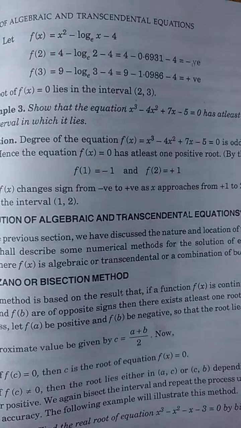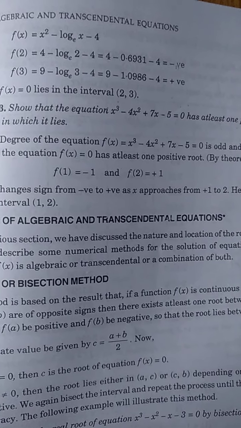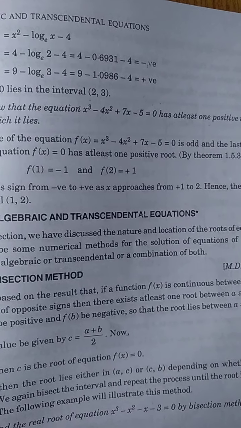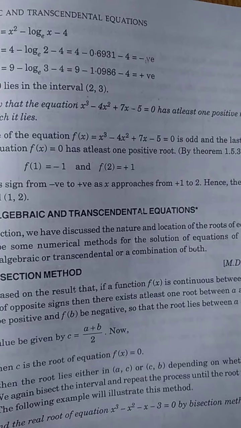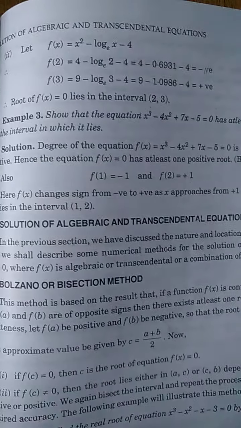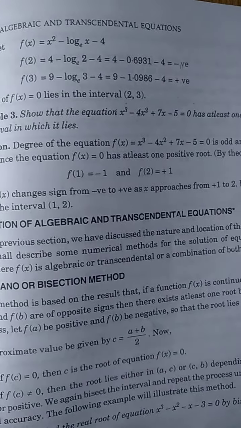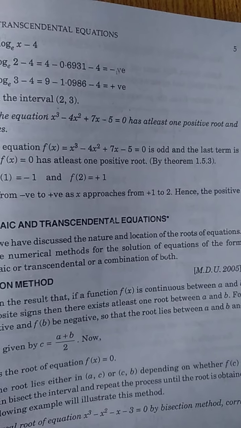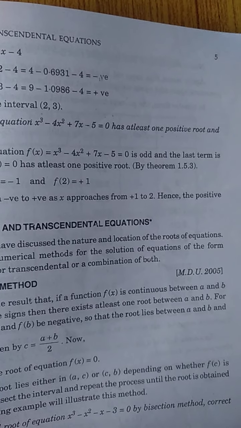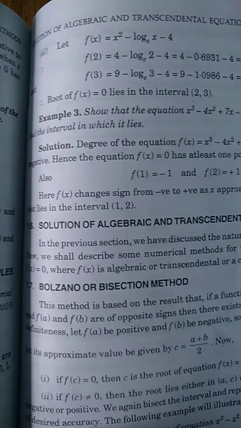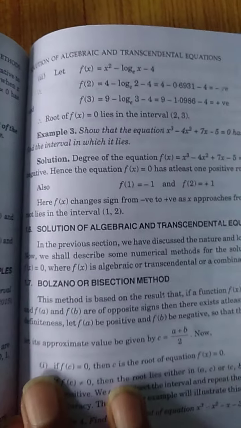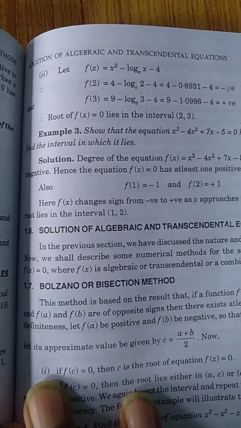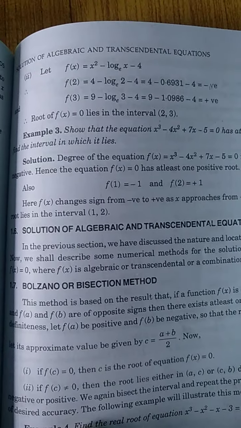Also f of 1 is equal to minus 1 and f of 2 is equal to plus 1. So there is a change of sign, minus to plus, as x goes from 1 to 2. Hence the positive root lies in the interval 1 to 2.